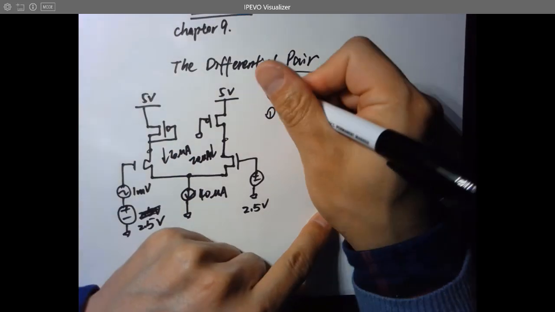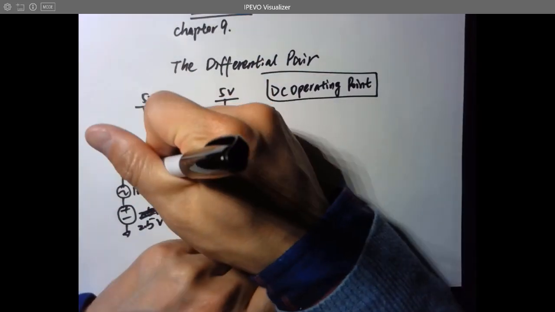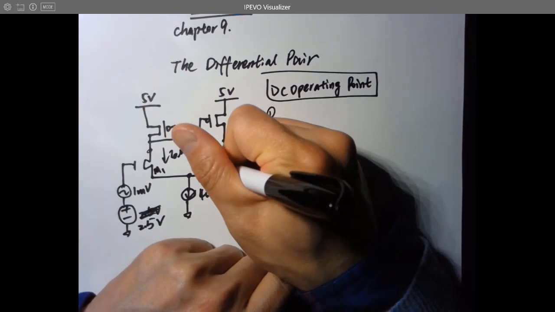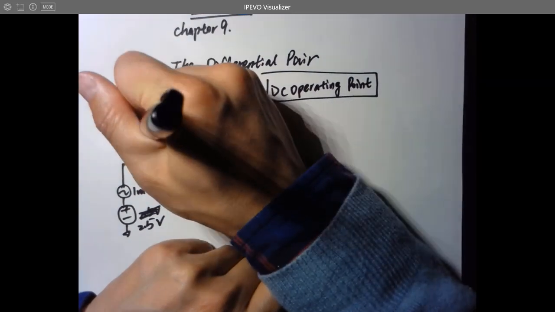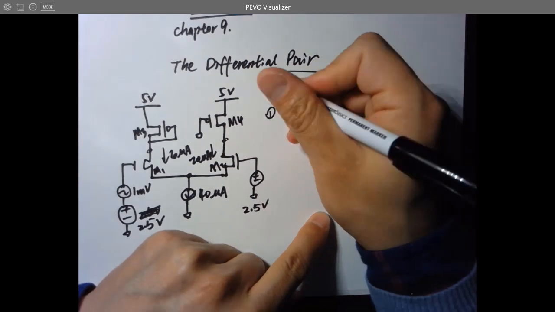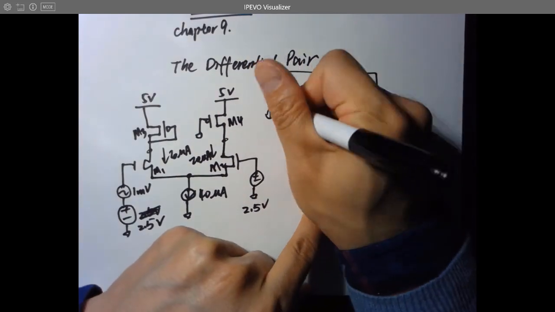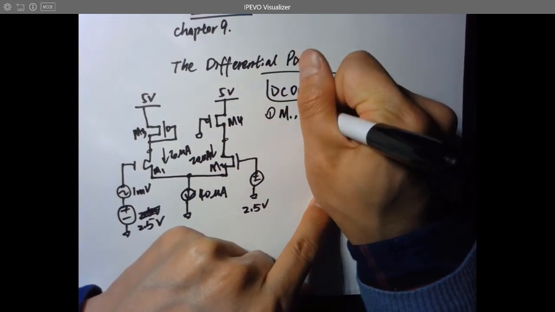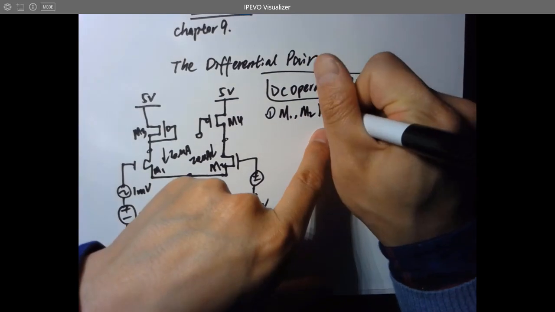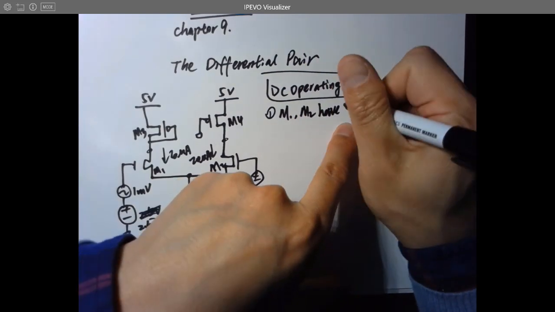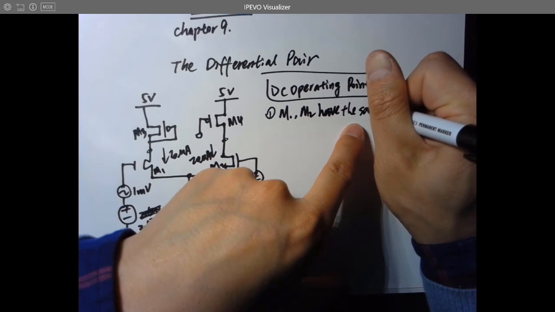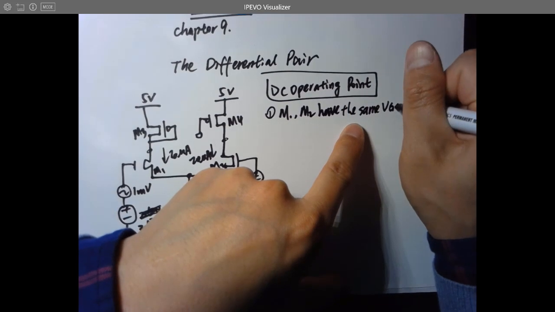So the first step, and I forgot to label them. That's M1, that's M2, M3, M4. For the first step, M1, M2 have the same VGS.